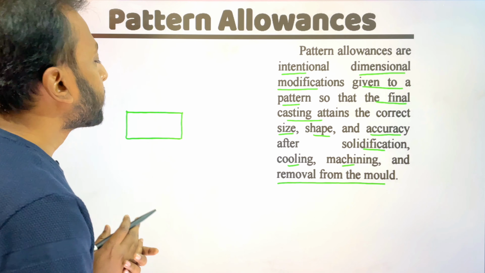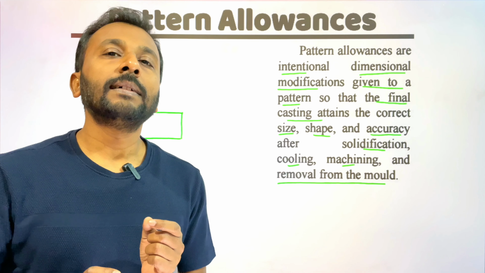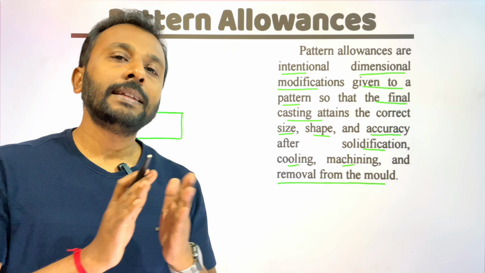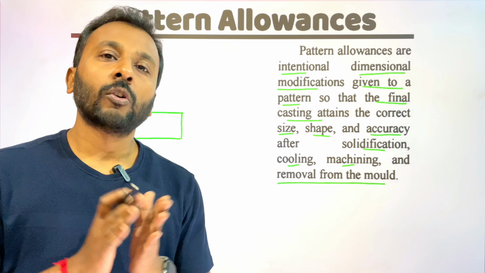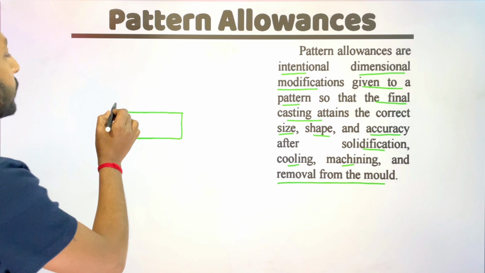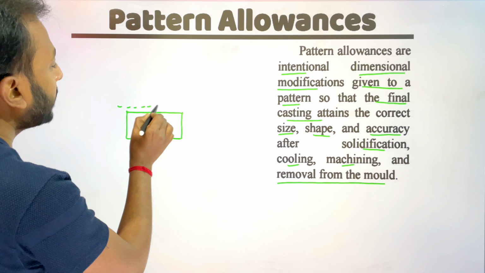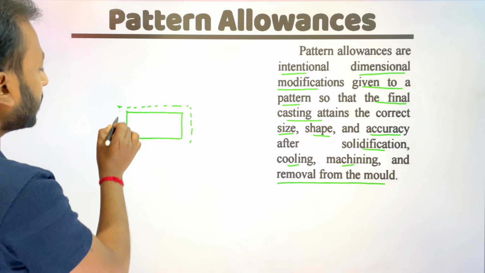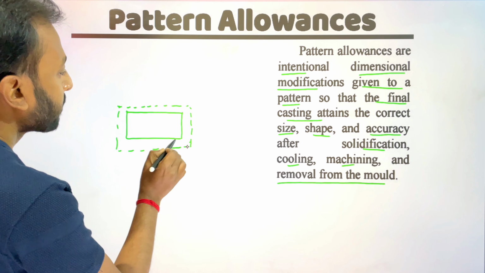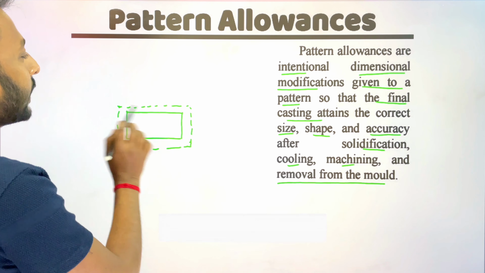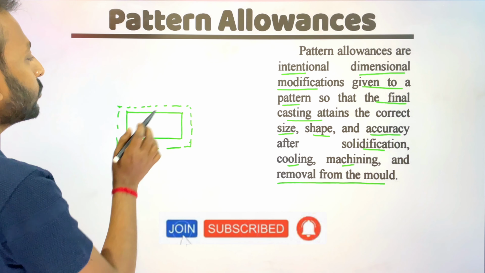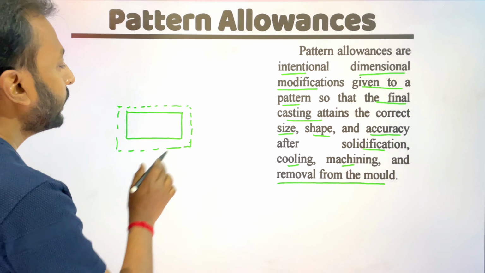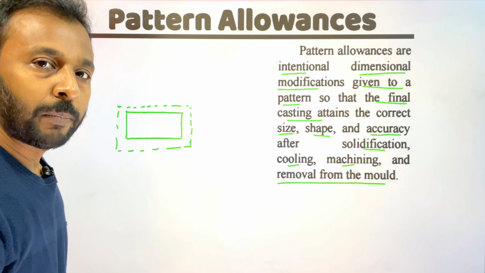Why is this happening? Because when the metal is in molten form, it expands, and when it is solidified, the metal contracts. So first, when we have created the cavity, the size will be bigger, but when the molten metal is solidified, the size will be smaller from the given size of the pattern.